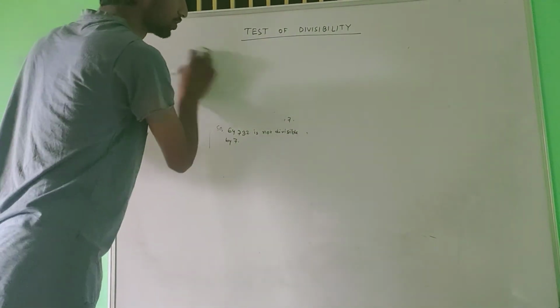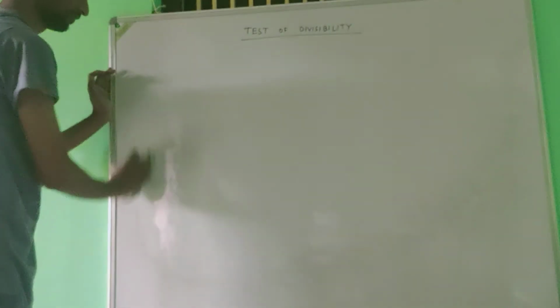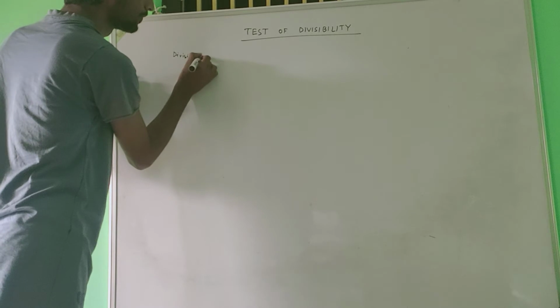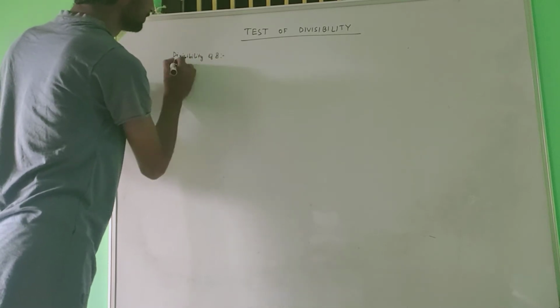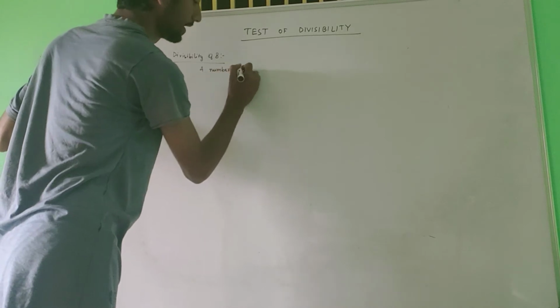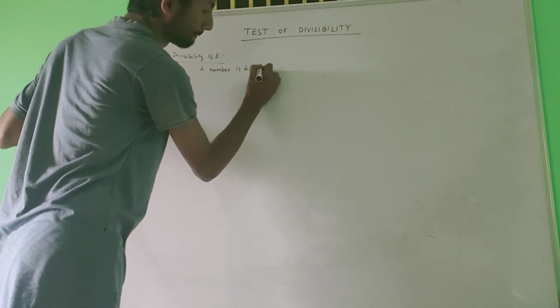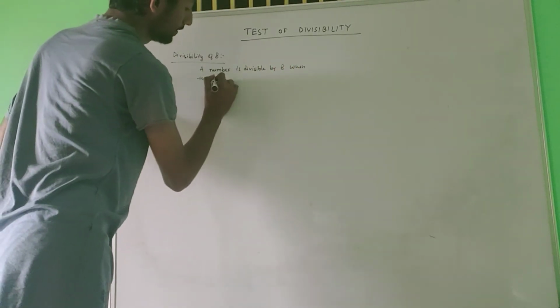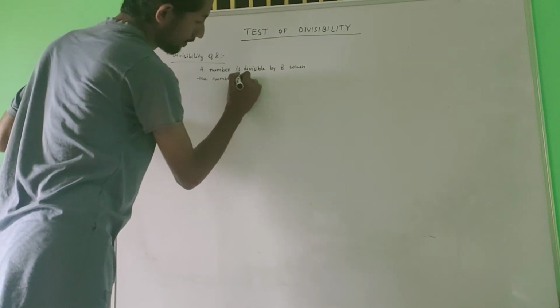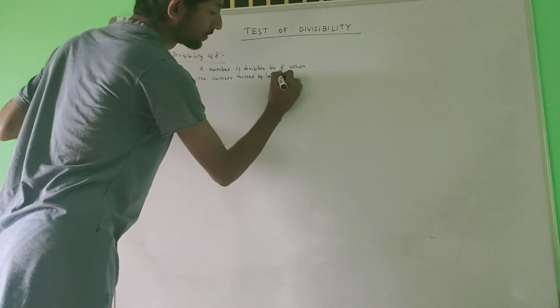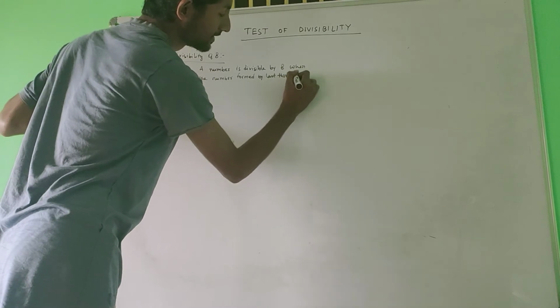Now we'll do the next portion, which is divisibility of 8. A number is divisible by 8 when the number formed by the last 3 digits is either 000 or divisible by 8.